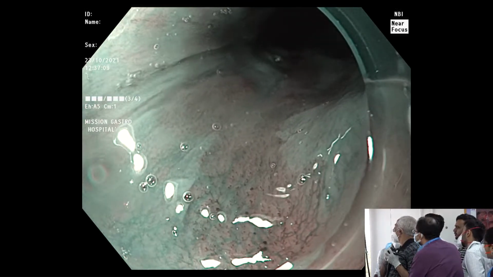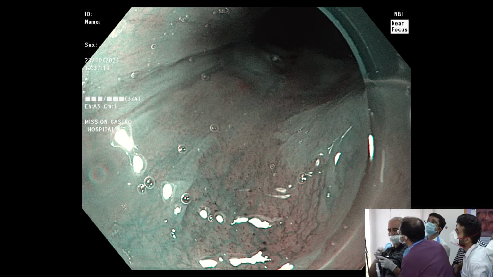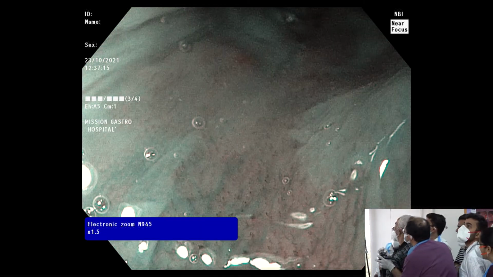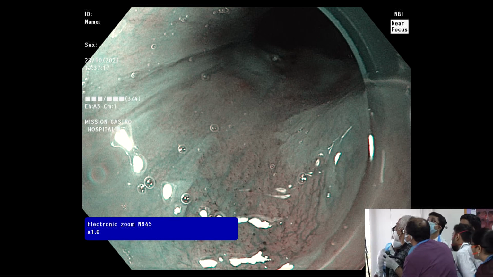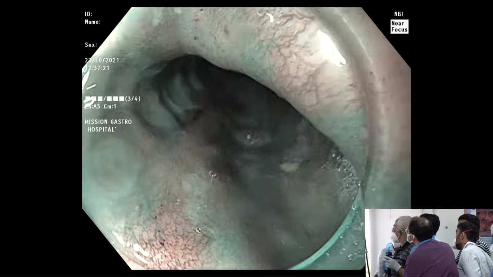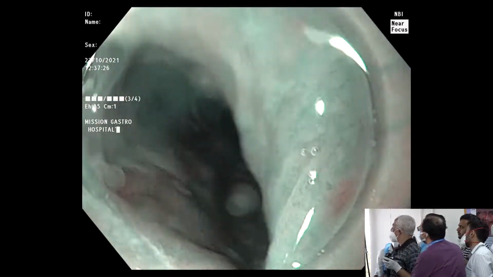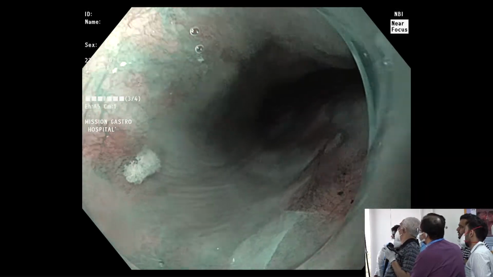See, these IPCLs are not abnormal. Chirag, you agree? Agree, sir. I think we are getting a false thing. Yeah, probably denuded, a little denuded, and that is why we are getting this.